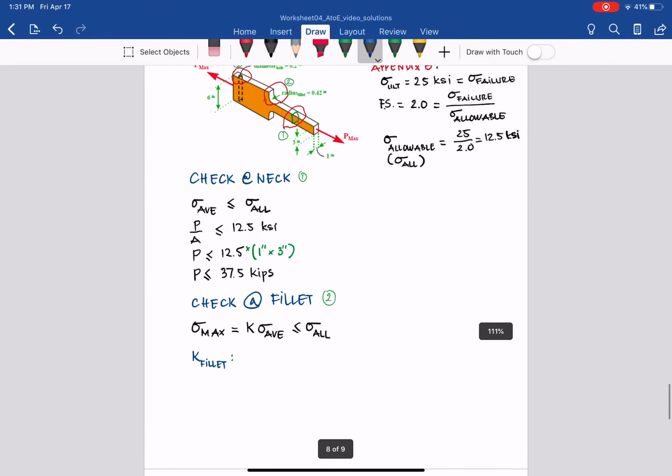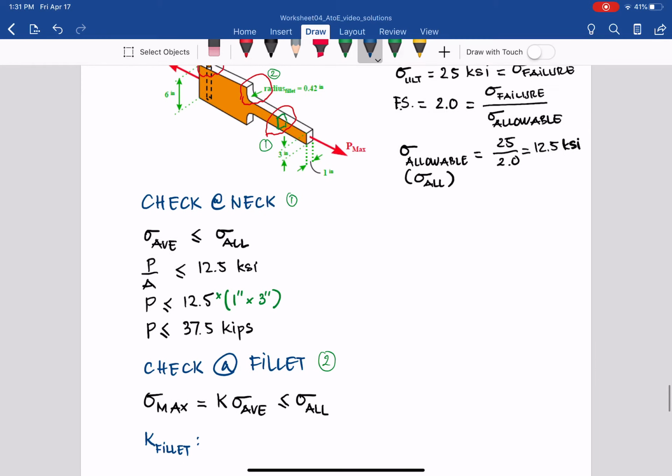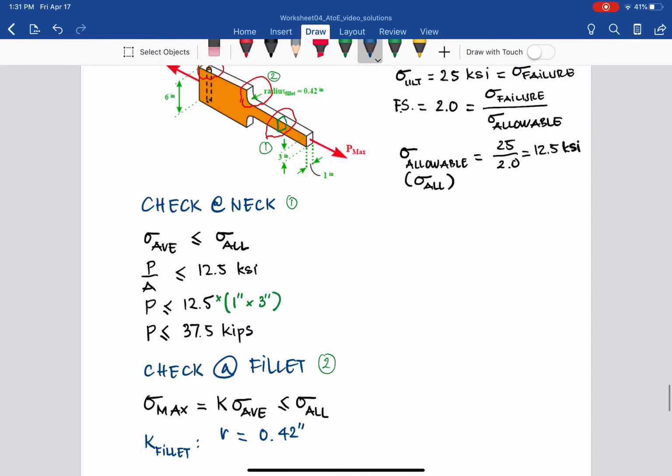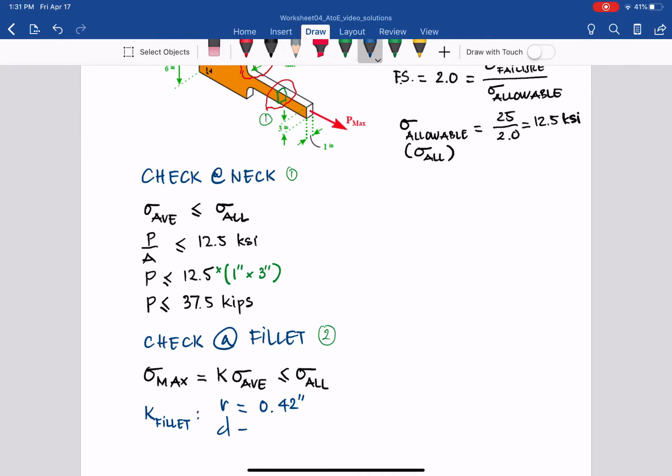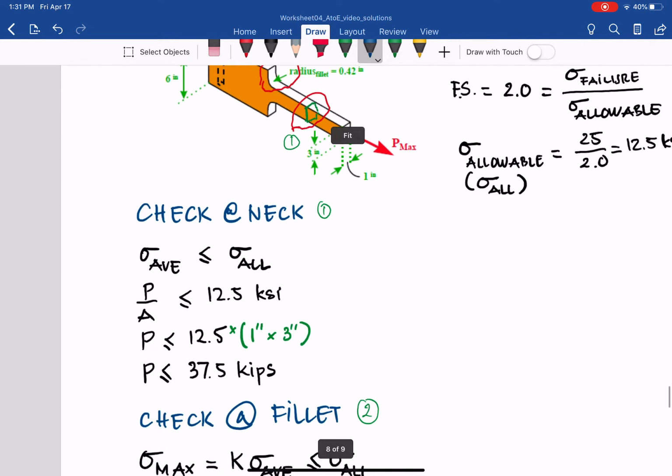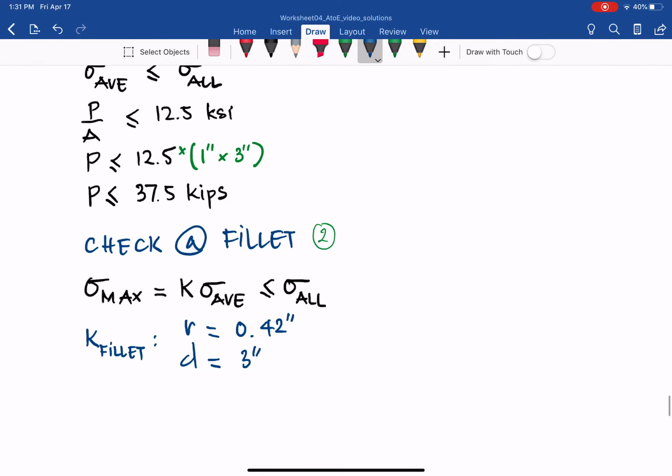From the figure we can see the radius at the fillet is 0.42 inch. Then we have d lowercase, 3 inches, and D uppercase is 6 inches.